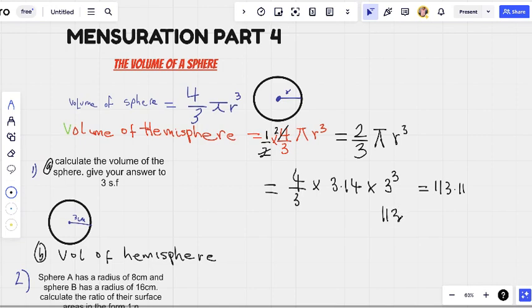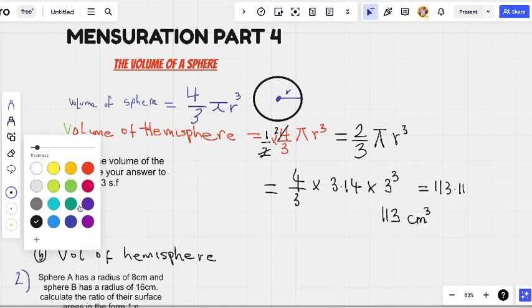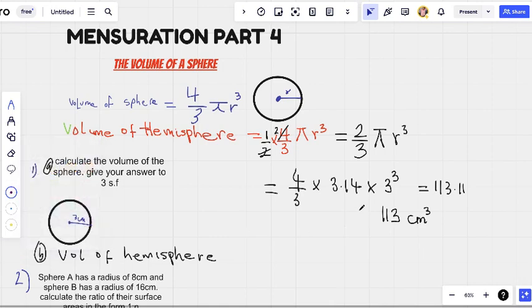Remember to always put the unit. Since we are talking about volume, you're going to put the unit. So you say 113 centimeter cube as the volume of this sphere. Volume V is equal to 113 centimeter cube. So that's for the sphere.